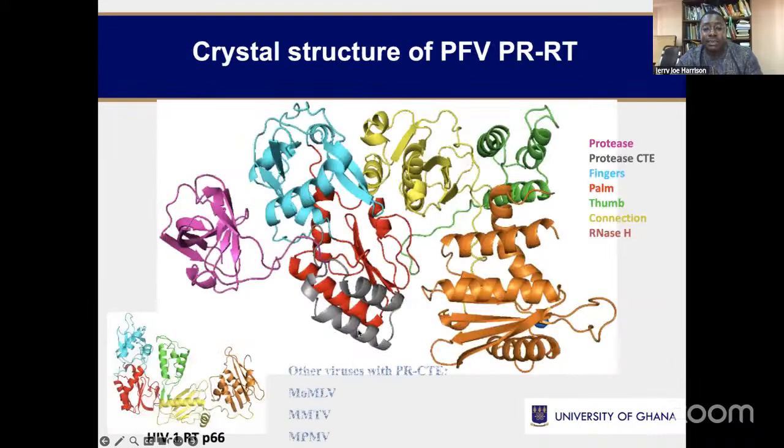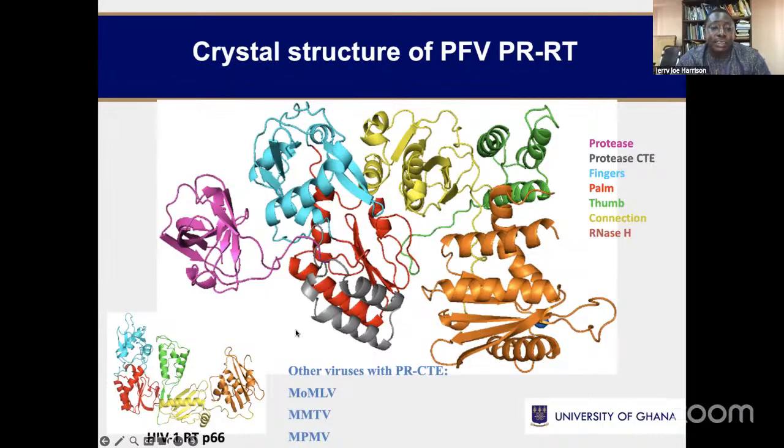Now, surprisingly, this is what we found when we solved the structure. It resembled the p51 configuration more than the p66. And what it meant was that this was actually the inactive structural configuration. But all the subdomains that have been identified in retroviral proteins were present.